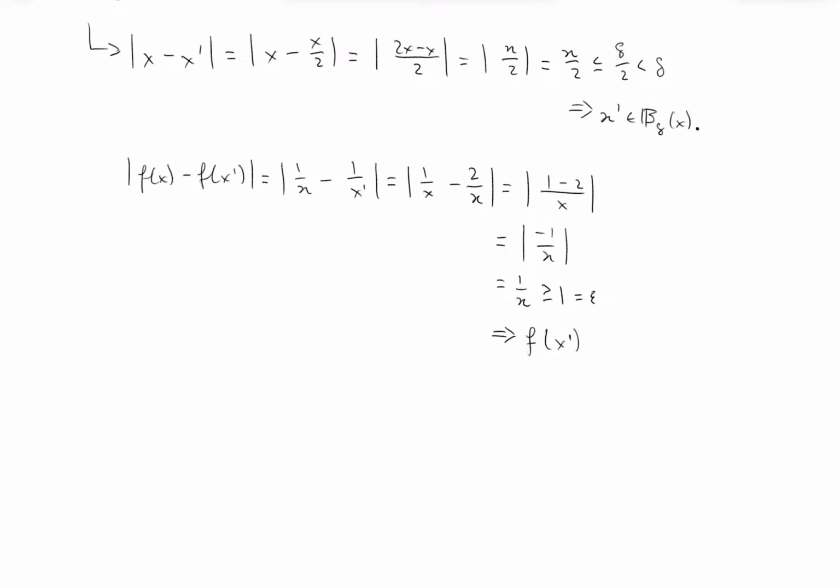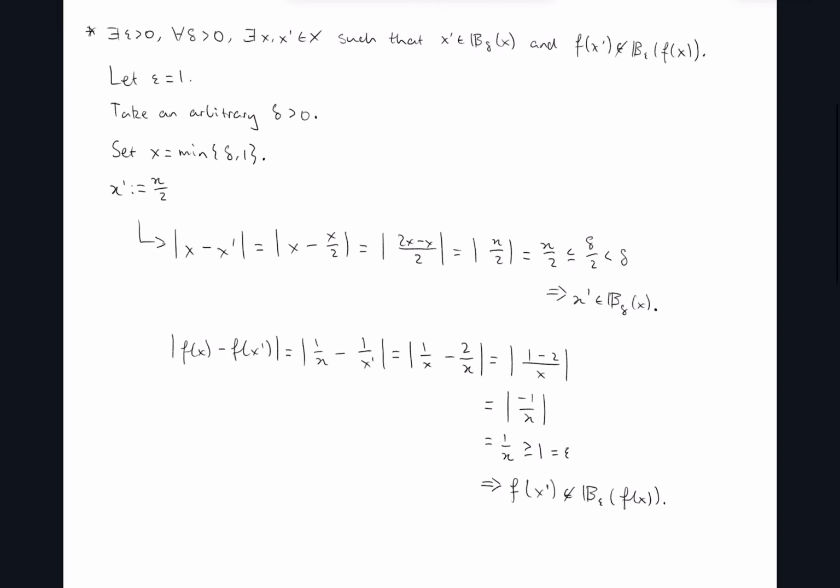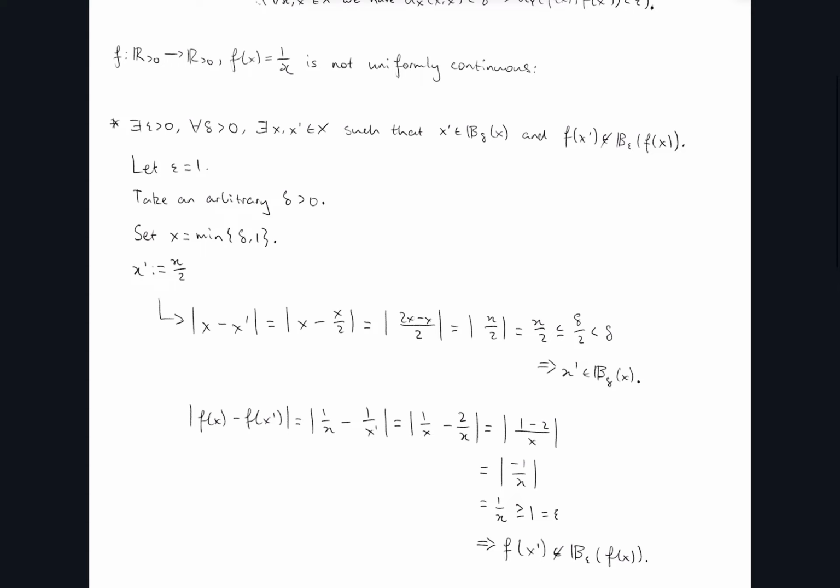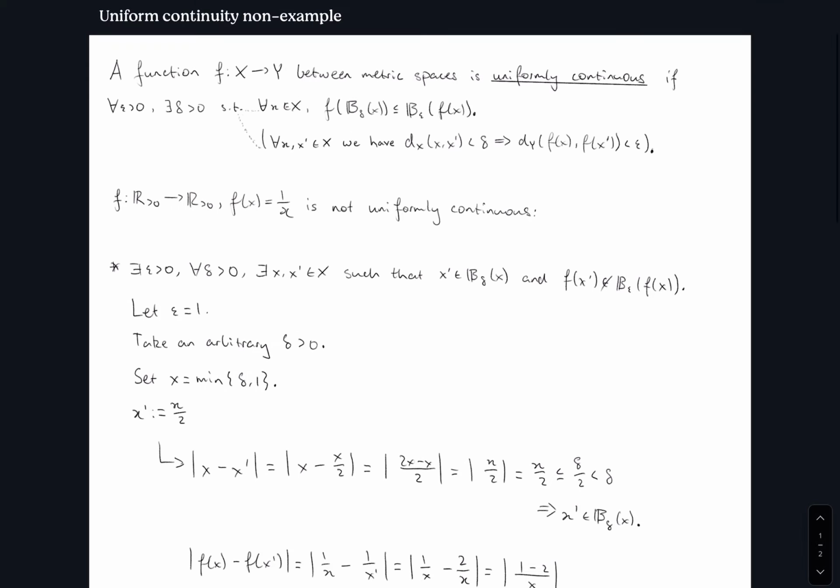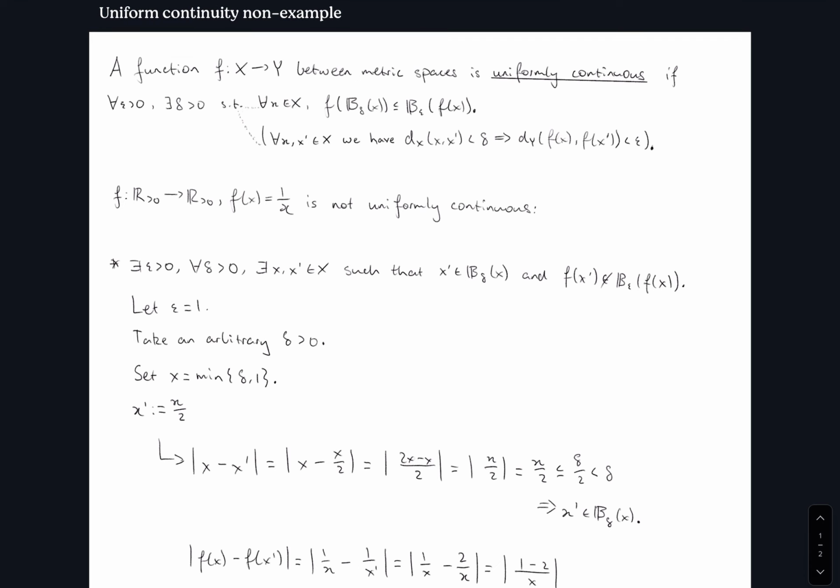So f of x prime is not contained in the ball of radius epsilon around f of x. Okay. And that completes the proof. We've shown, using the negated version of the definition of uniform continuity, that this function here is not uniformly continuous.